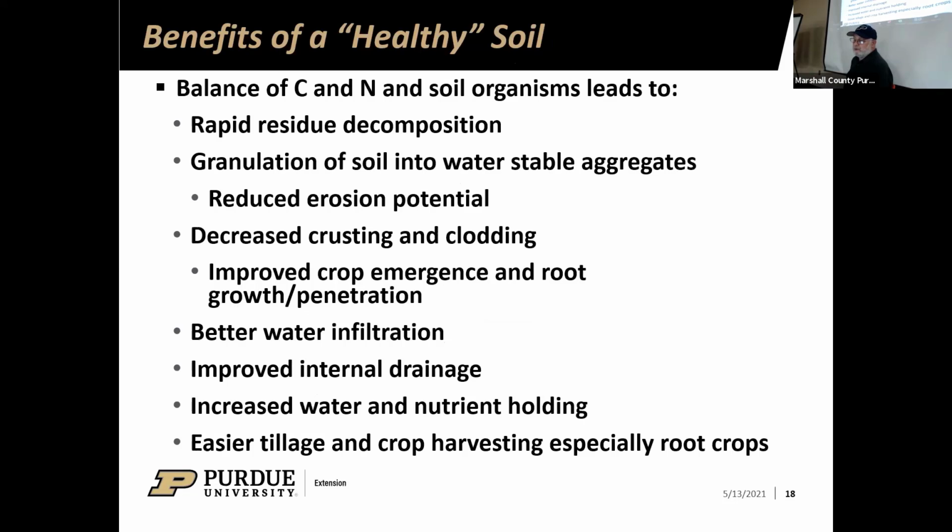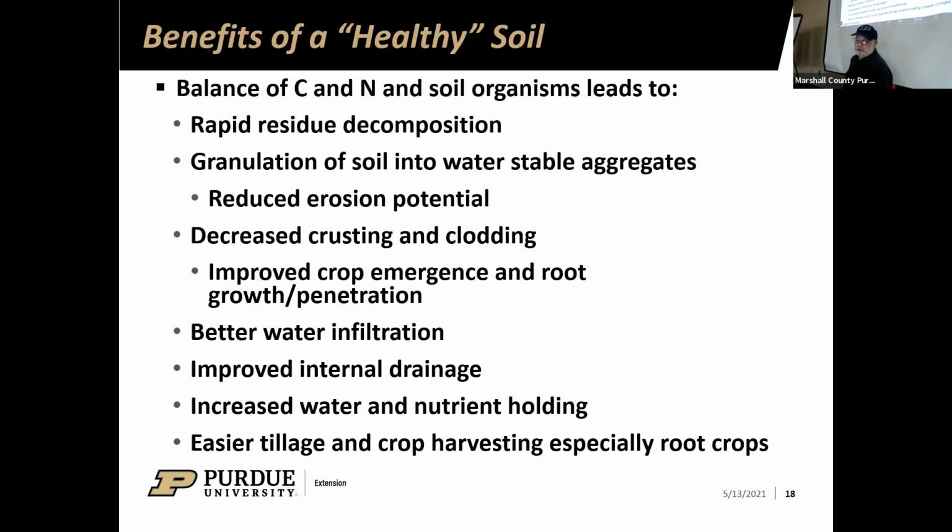Granulation of soil into water-stable aggregates reduces erosion potential because we have soil aggregates instead of individual mineral particles. It will decrease the crusting and clodding, improving crop emergence and root growth and penetration.